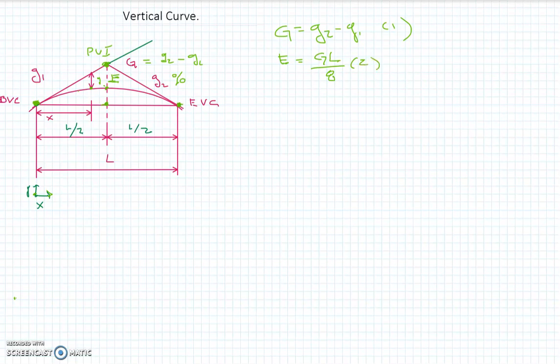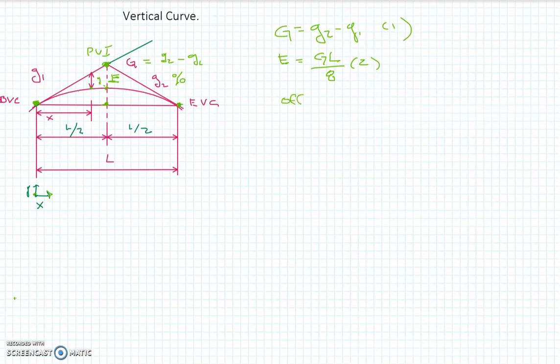The third equation is the offset of any point along the length of the curve. The offset is the distance between the slope and the curve. Any distance from the curve to the slope is called the offset, and is determined by this formula.